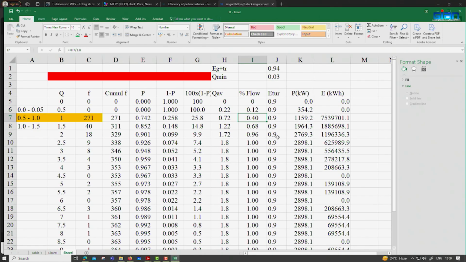Okay, sir, but while designing and purchasing, which one will you prefer then, Francis or Pelton? That depends upon your prices, choices, etc. You must see how much they are quoting for the Francis unit and the Pelton units.